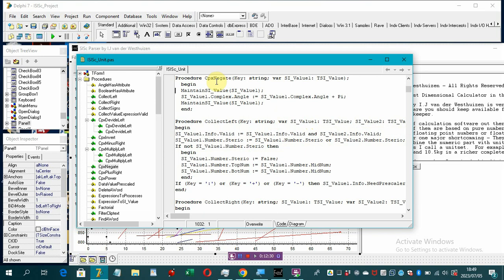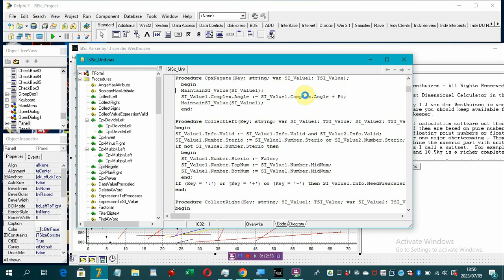So there's complex maintain SE value 1, SE value 1 dot complex angle equals SE value 1 dot complex angle plus pi. Now pi is equivalent to 180 degrees.